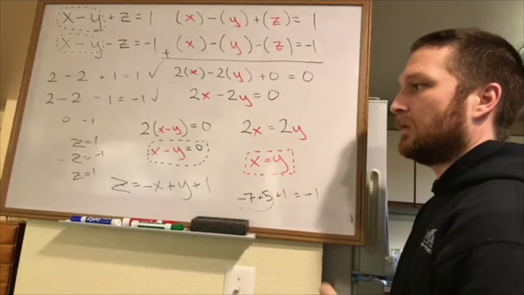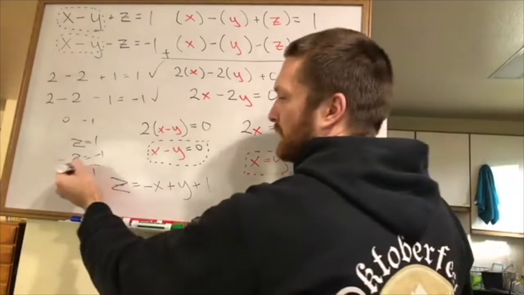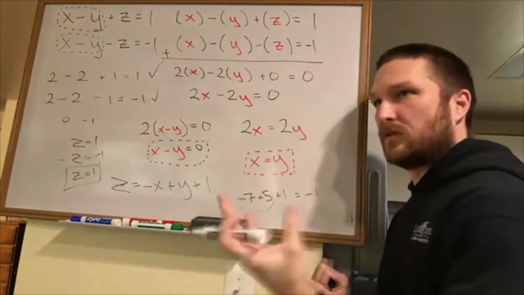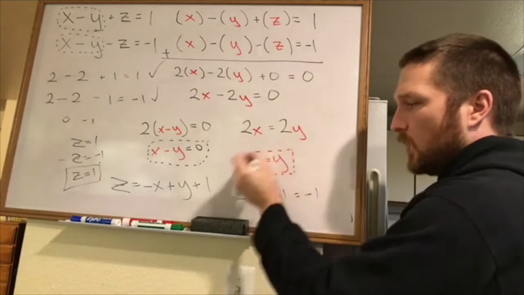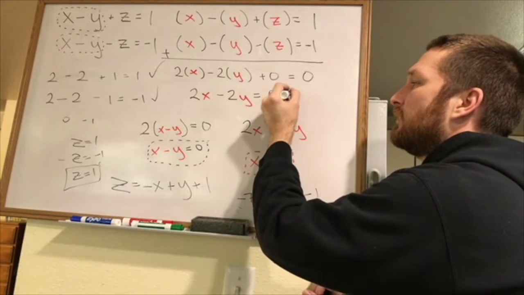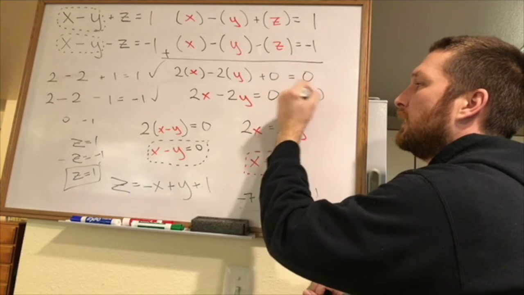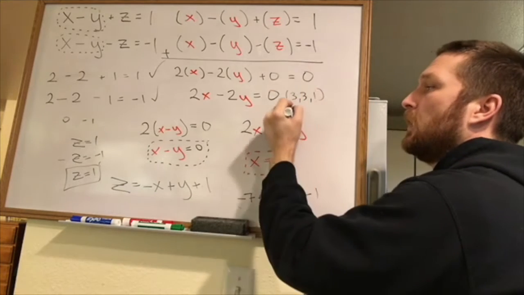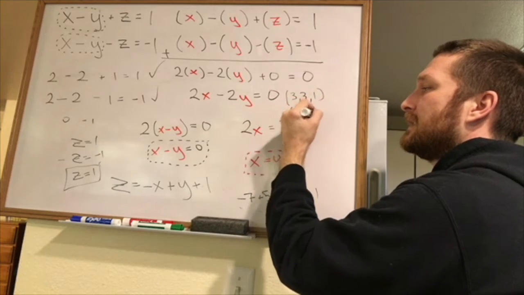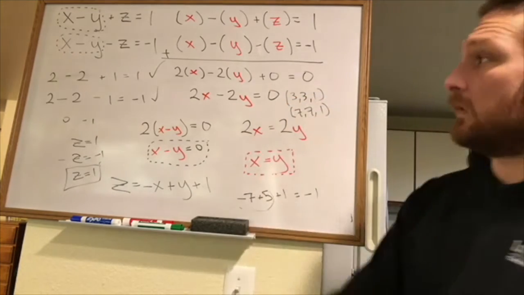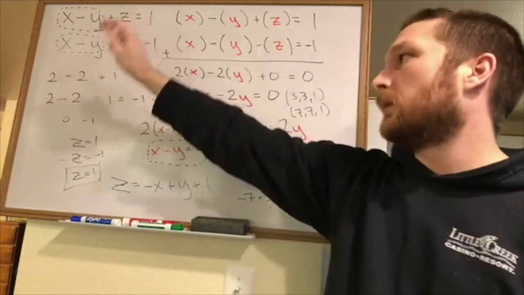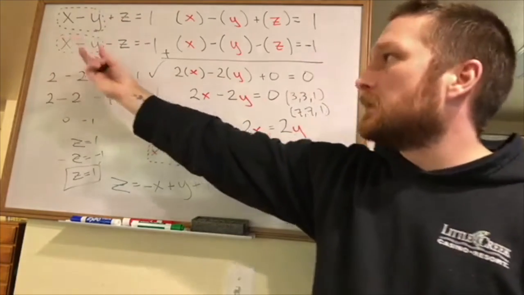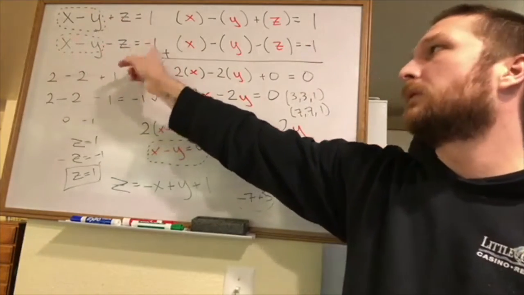And we could see what they would look like. Z always has to equal 1, as we saw in the graph. But x and y could be any numbers, as long as they're equal to each other. So we could have the point 3, 3, 1. That would work. We could have the point 7, 7, 1. That would work. And just plug those in. You could see 3 minus 3, 0, plus 1 is 1. 3 minus 3 is 0, minus 1 is equal to -1.